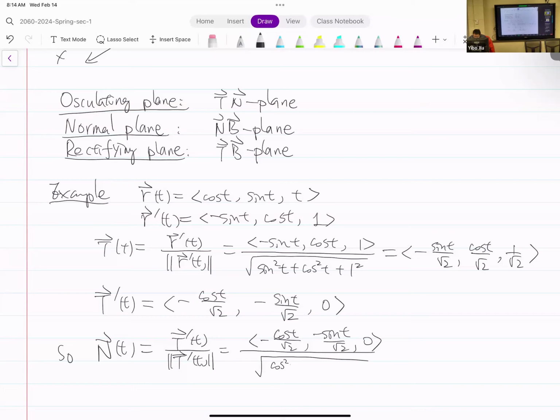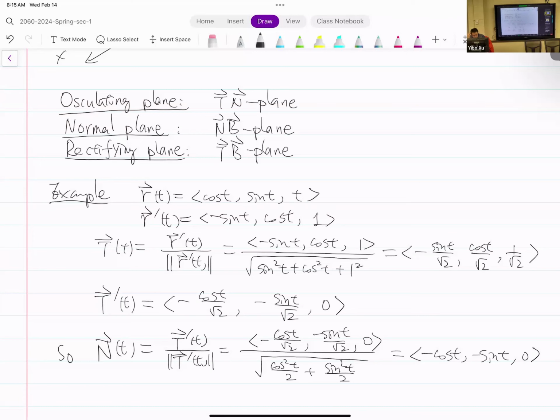So it's going to be cosine squared over 2 plus sine squared over 2 plus a 0. And you see, we have 1/2 within the square root. So this division that you do will cancel out the denominators. So this is negative cosine t, negative sine t, 0. Just like a vector on the unit circle. That's good.